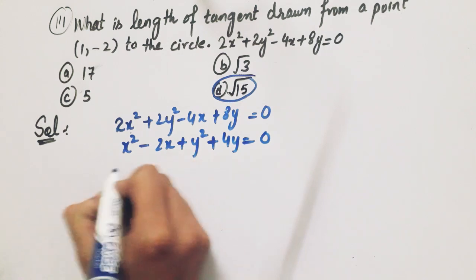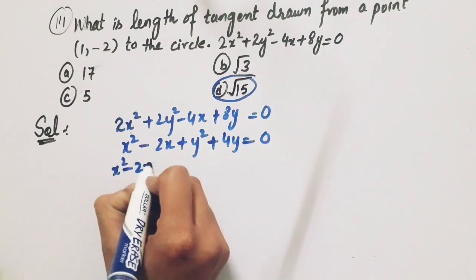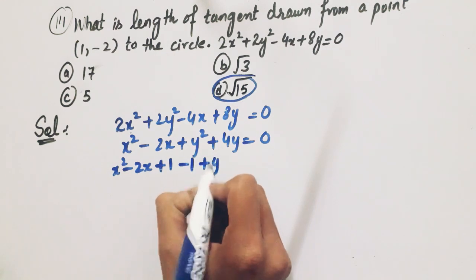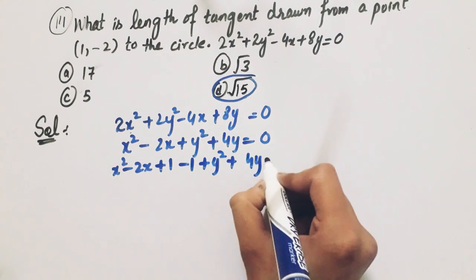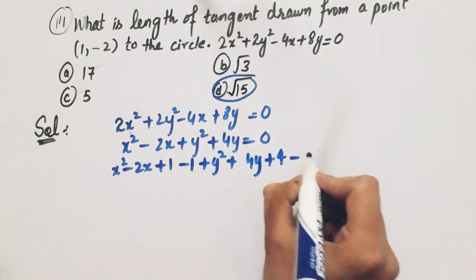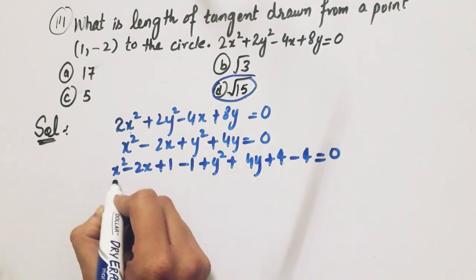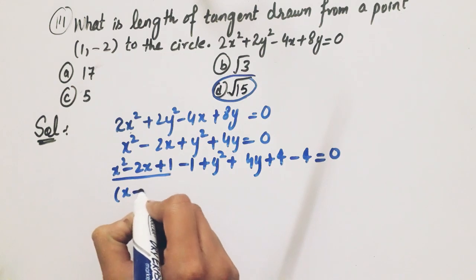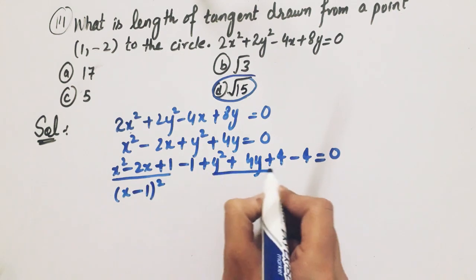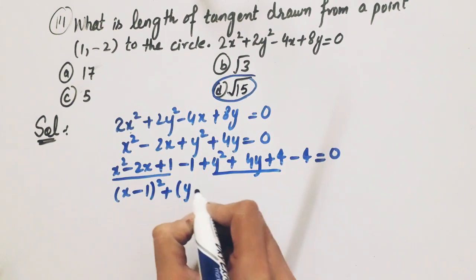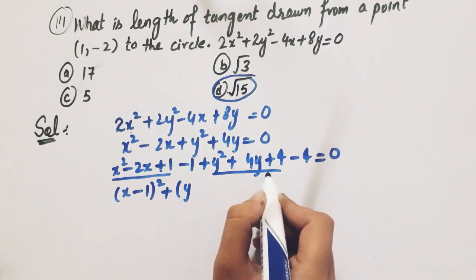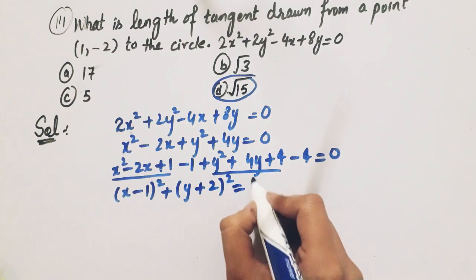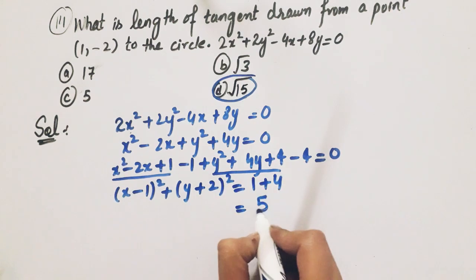Now we will complete the square: x square minus 2x plus 1 minus 1 plus y square plus 4y plus 4 minus 4 is equal to 0. So this will become (x minus 1) whole square plus (y plus 2) whole square, which is equal to 1 plus 4, which is equal to 5.